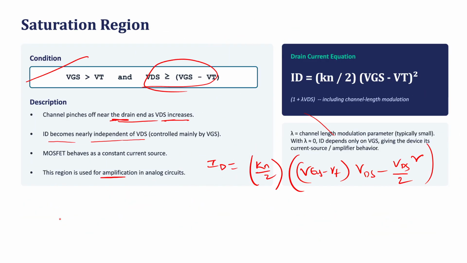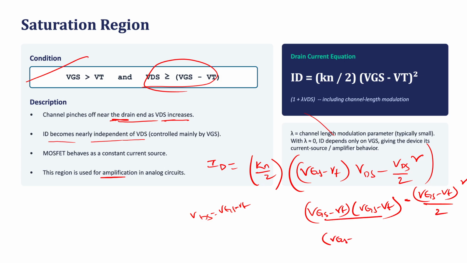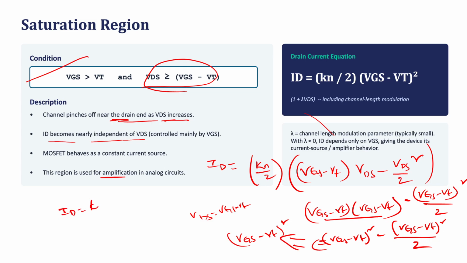In the saturation region VDS is greater than or equal to VGS minus VT. So we replace VDS with VGS minus VT: (VGS minus VT) into (VGS minus VT), minus (VGS minus VT) whole square by 2. That gives (VGS minus VT) whole square minus (VGS minus VT) whole square by 2. Taking the LCM, we get (VGS minus VT) whole square by 2. So that is our final equation: ID is equal to Kn by 2 (VGS minus VT) whole square.